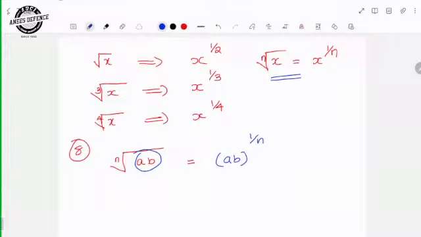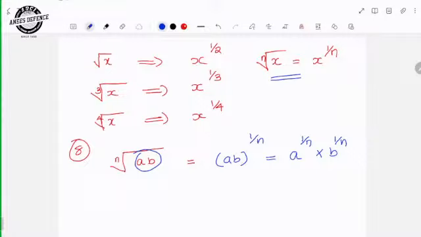Then here 1 by n is a common property of both A and B. Now it can be individually distributed to both A and B. That is A raised to 1 by n into B raised to 1 by n.